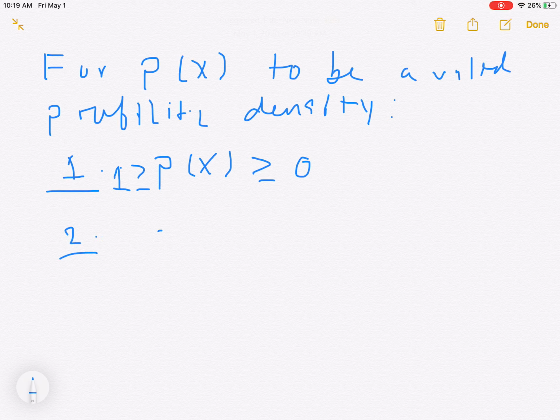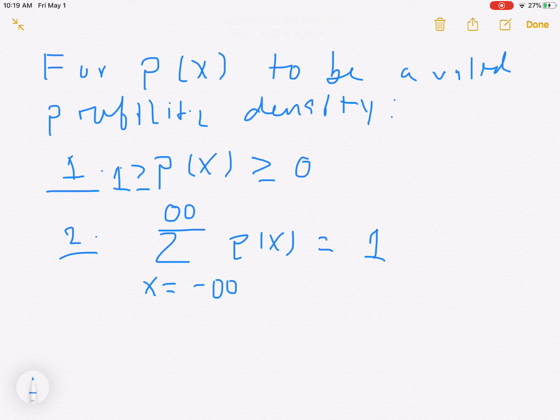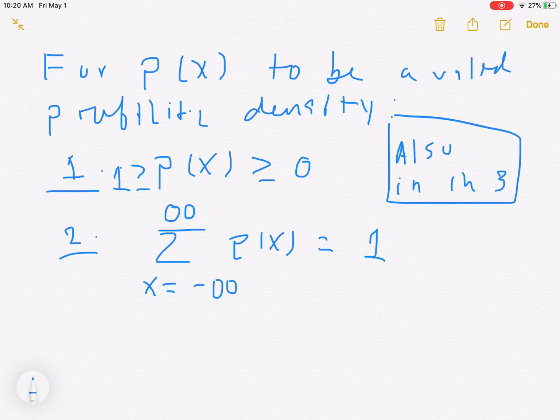Two is that the sum of all the probabilities, that is from 1 to 3, but I'm going to write from minus infinity to infinity, of P of X, the total probability adds up to 1. Notice for probabilities less than 1 or greater than 3, the probability is 0, so this formula still holds. And this is also in chapter 3, just FYI.